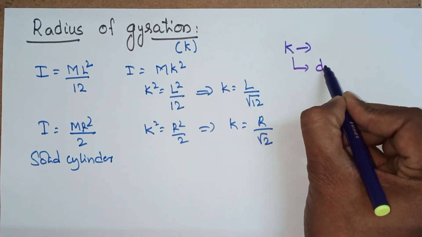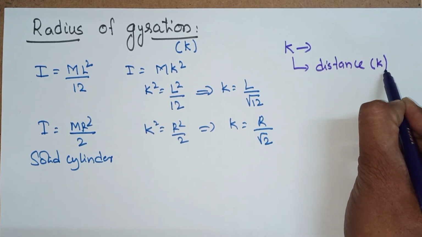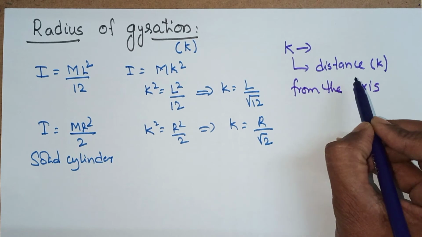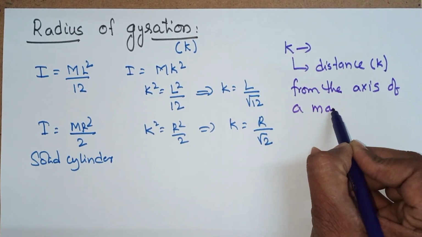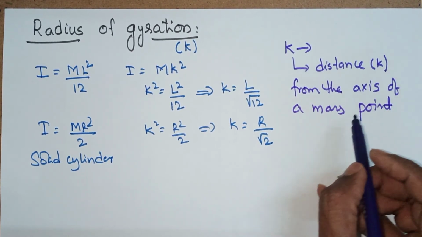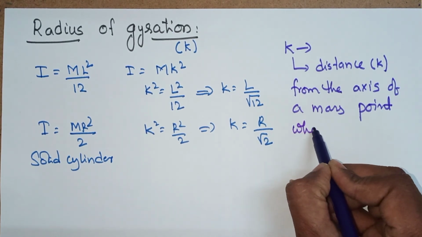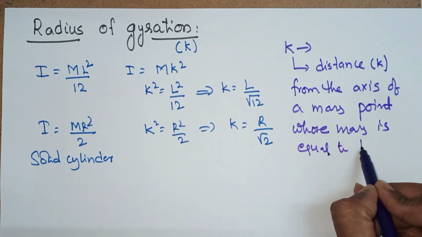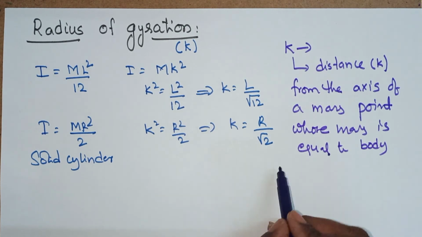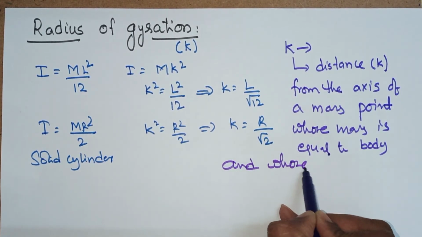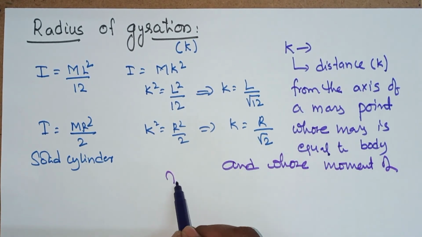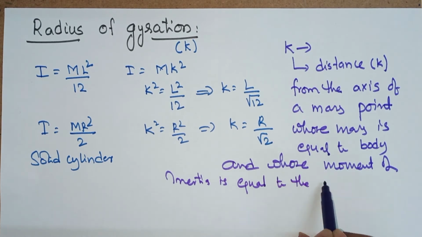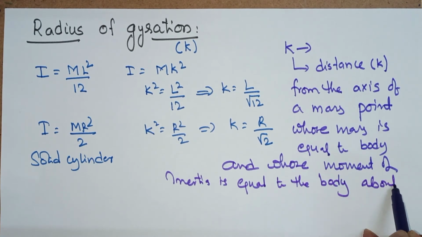It is a distance, indicated as k, from the axis of rotation to a mass point whose mass is equal to the mass of the body, and whose moment of inertia is equal to that of the body about the axis we consider.